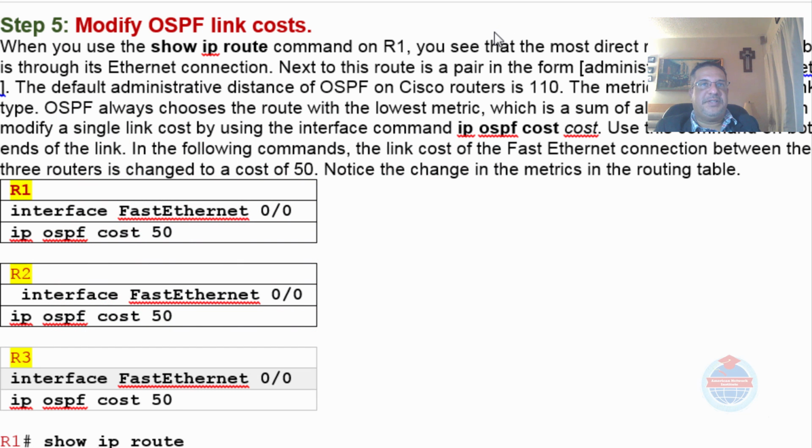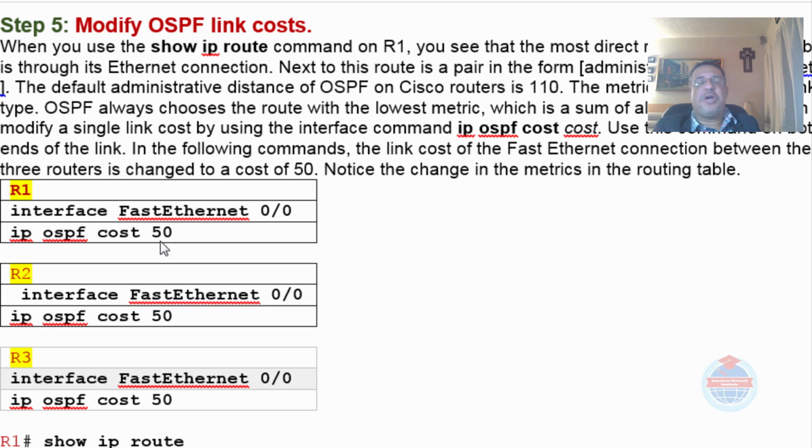On this exercise, we're gonna start jumping on step 5, modify the OSPF link cost. The default administrative distance on OSPF is 110. When we're talking about EIGRP, it's gonna be 90. On the fast Ethernet, the default cost is gonna be 1.